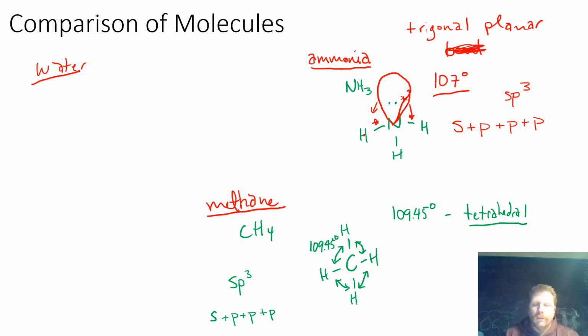Now, if we look at water, water has a formula of H2O. What this consists of is a central oxygen with 2 hydrogen atoms coming off of it. Again, we're presented with that scenario where we have 2 lone pairs of electrons.